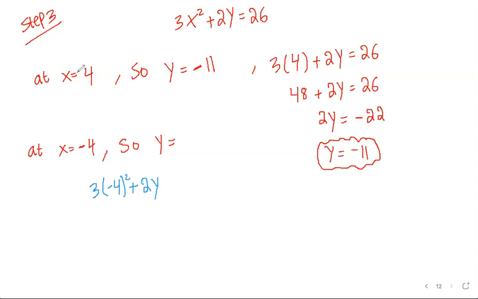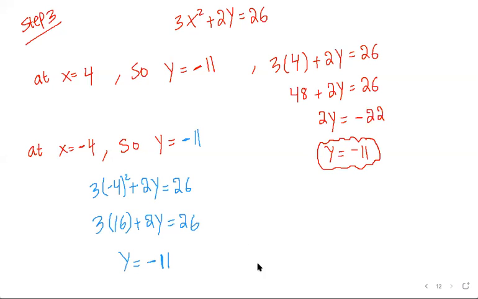Yes, it makes no difference, the same thing. But I'm going to show you the steps. So negative 4 squared is 16, 3 times 16 plus 2y equal 26. So y equal the same thing, negative 11. So the y here is negative 11.